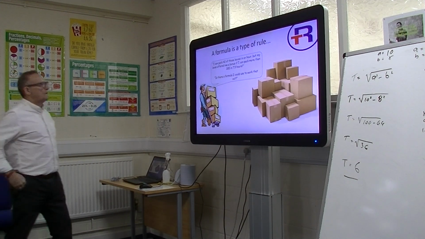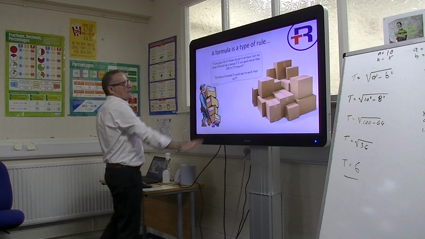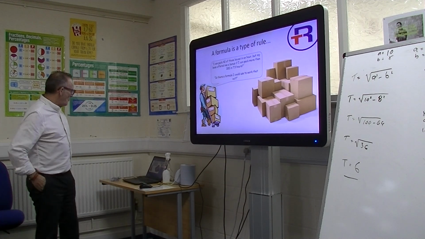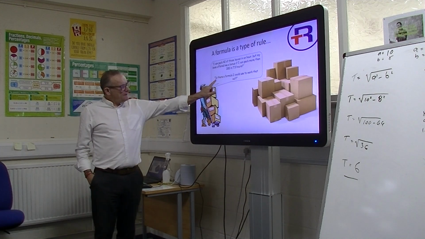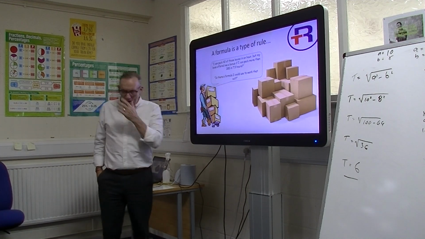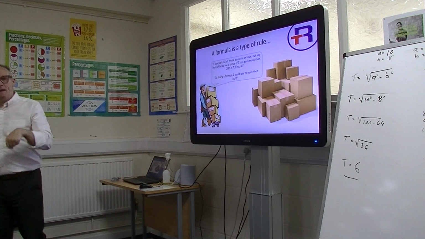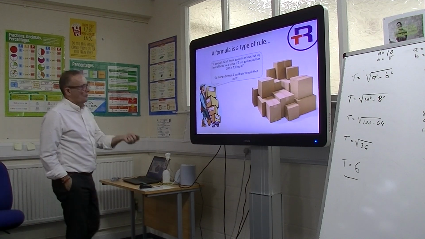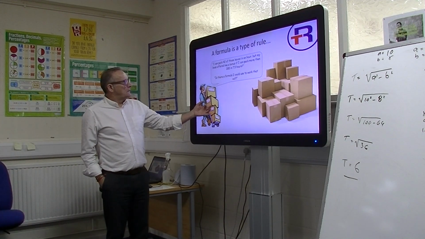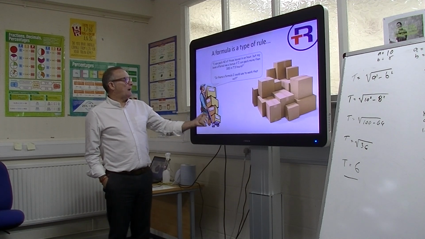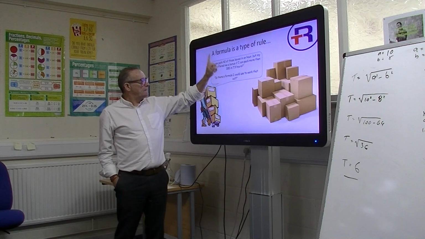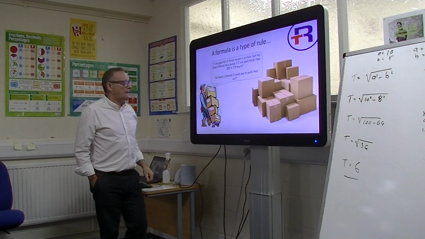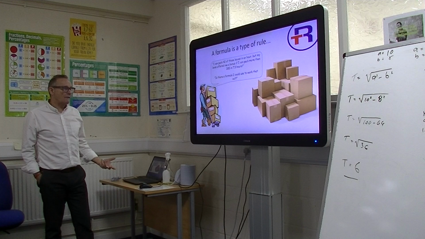If I can pack 42 of these boxes in an hour, my boss has offered me a bonus if I can pack more than 300 of these boxes in 7.5 hours. Is there a formula I could use to work that out? Of course there is. There's a really basic, simple formula. You take the number of boxes you can pack in 1 hour, which is 42, and multiply it by the number of hours that you're going to be given to do that, which is 7.5.